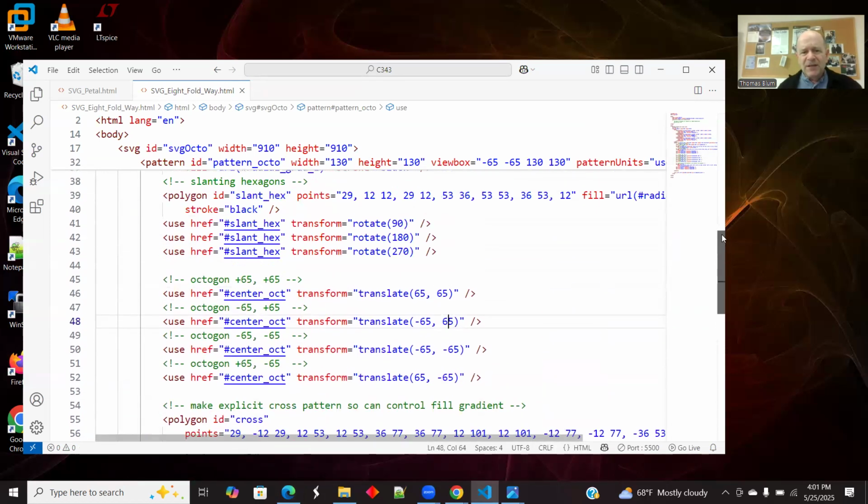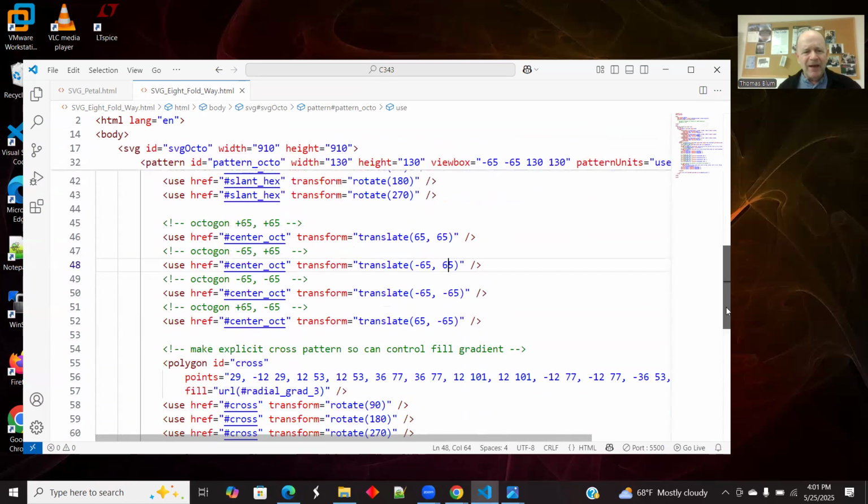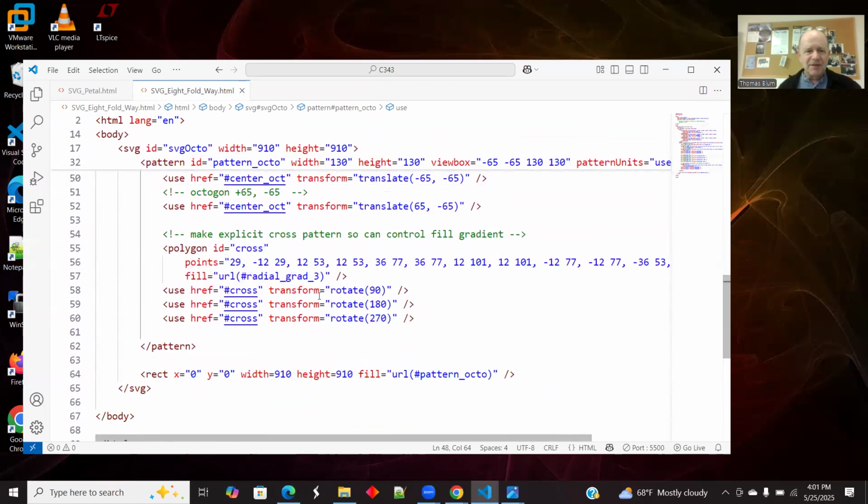And then because of how I wanted to work with gradients, I made a cross. Again, we see our 29s and 12s, and then we're adding 24s, we're adding 65s, going around and making our cross pattern. Once I have the cross pattern, again, it is in the corners around the origin, which is in the center of the tile.